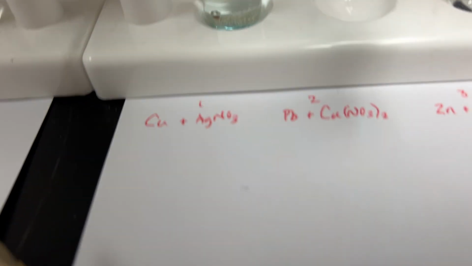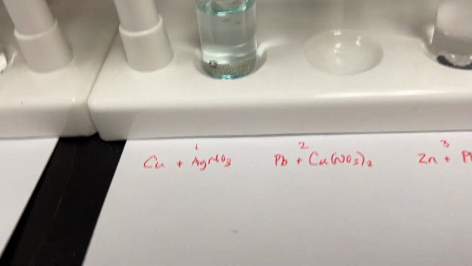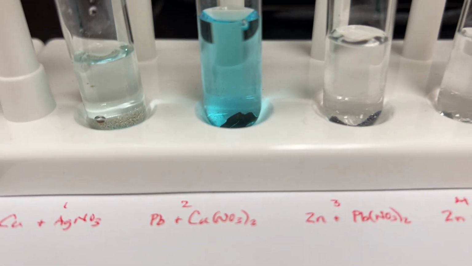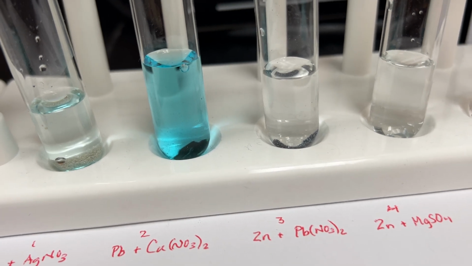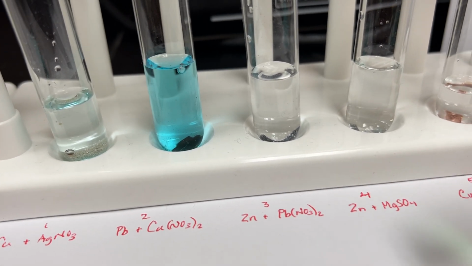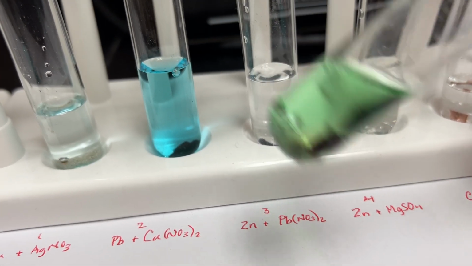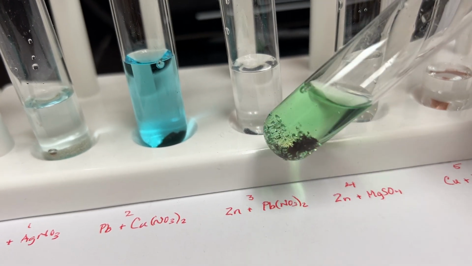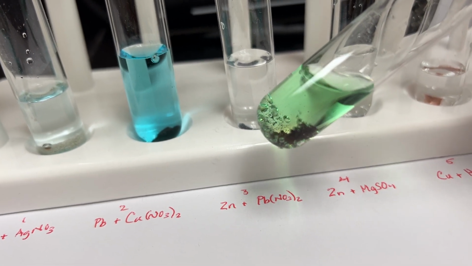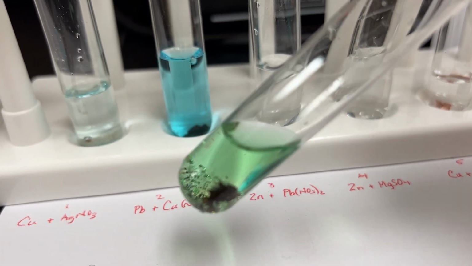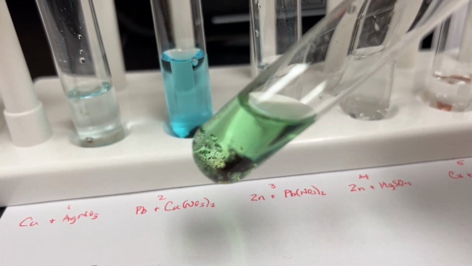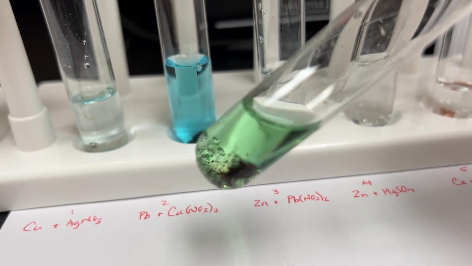If I dislodge it, you might be able to see some little particles floating in there. I will show you this one, which has been sitting for quite some time. You can see that the solid in there has kind of taken on a reddish color, and the solution has become less blue. So this is the lead with the copper nitrate.